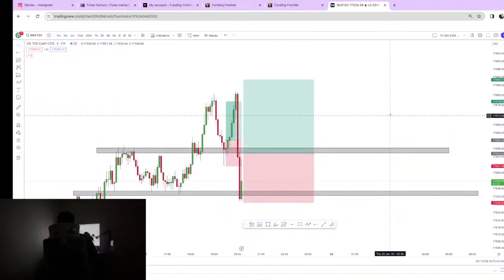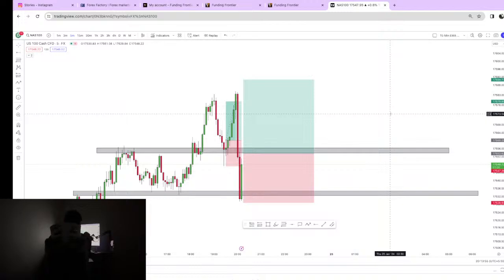This was the trade that hit the target. Okay. So we are waiting for this candle's closing.